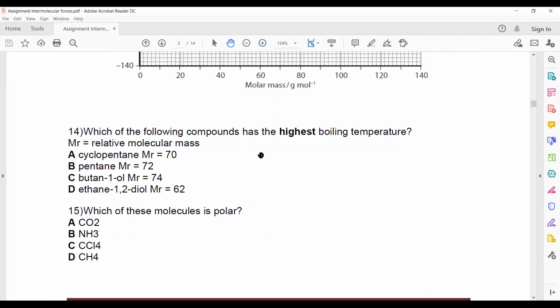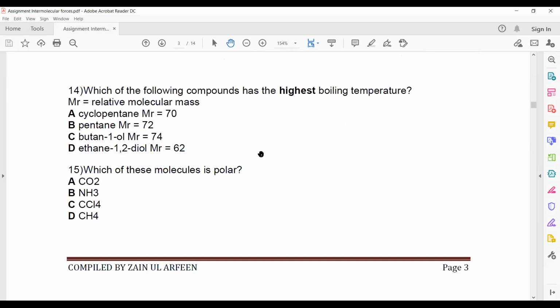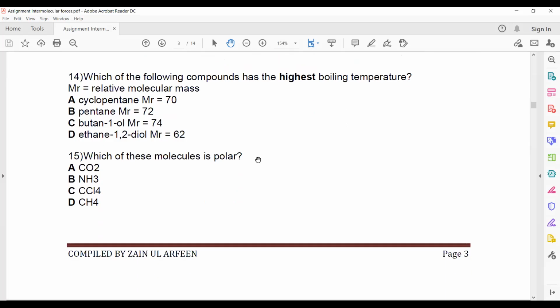Question 14. Which of the following compounds has the highest boiling temperature? Their molecular masses are given.